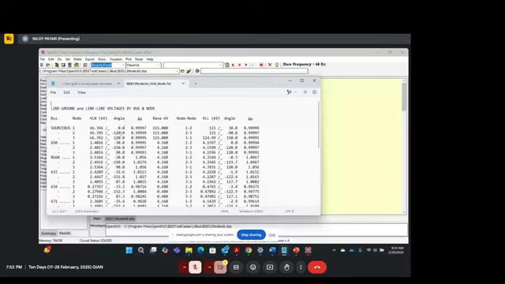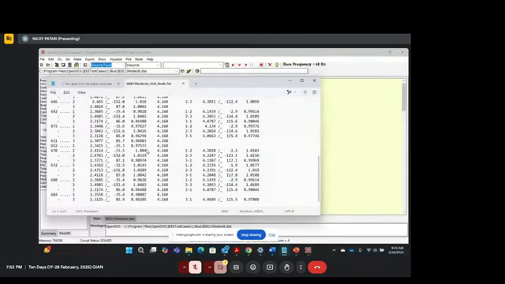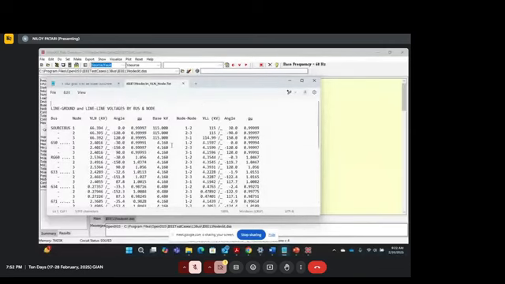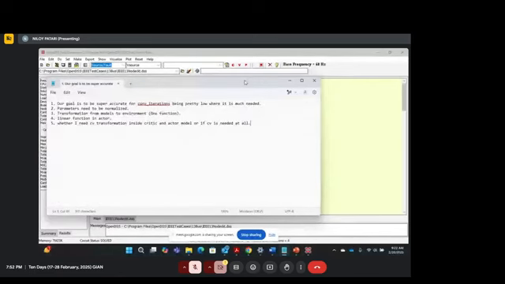So it's 0 degrees, minus 120, 120, right? So then you can check how the voltages look like.